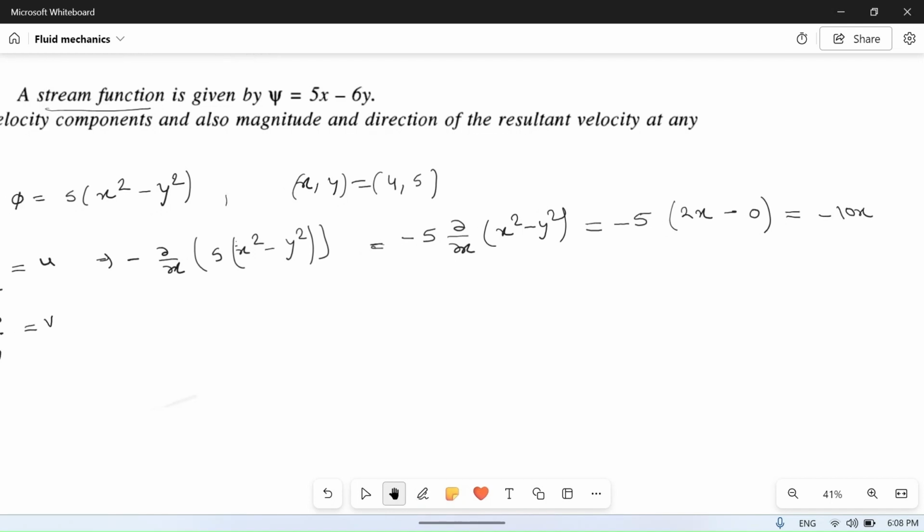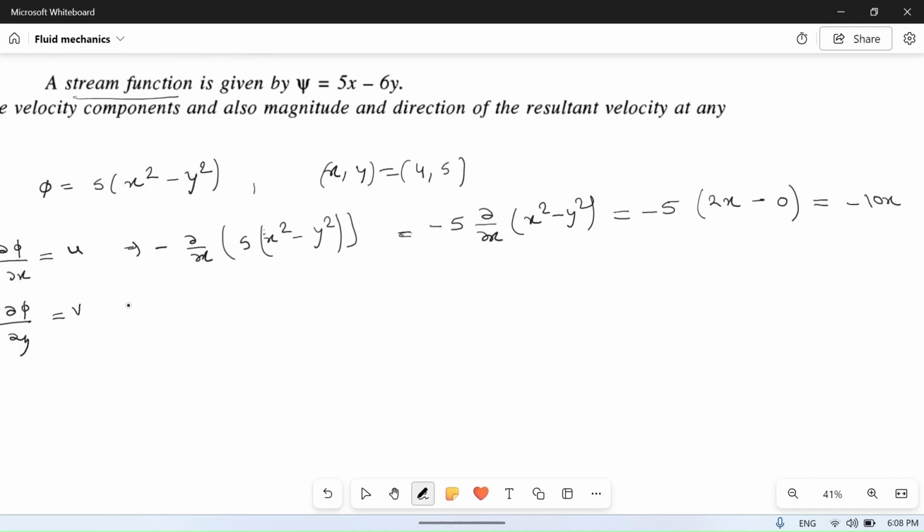Now v will become minus del phi upon del y, so minus 5 will be out, and del upon del y of x square minus y square.